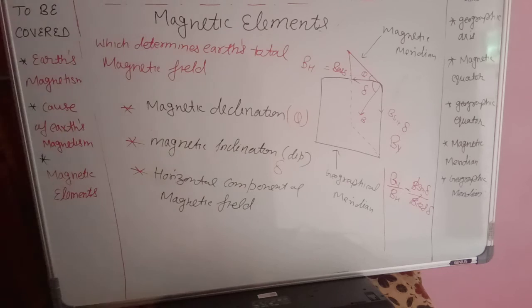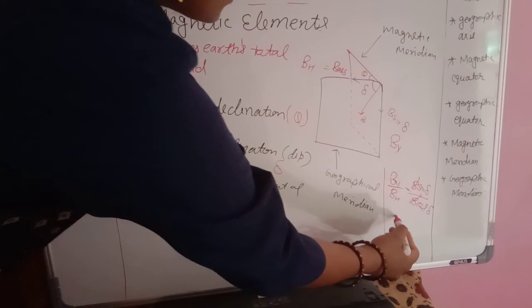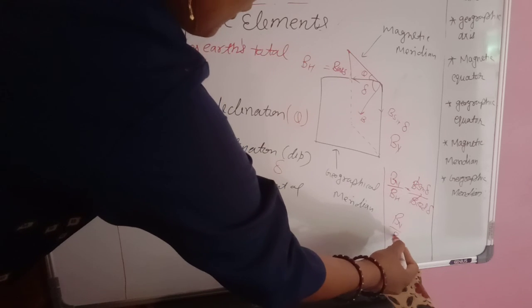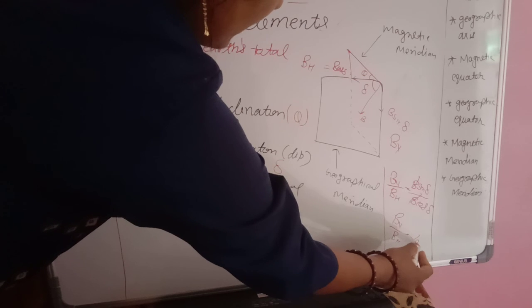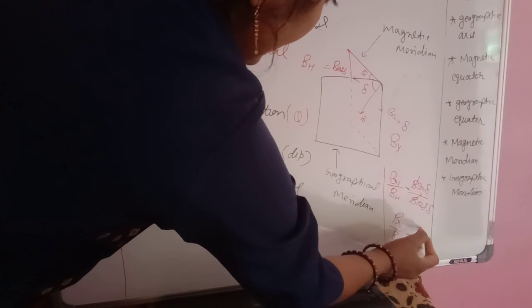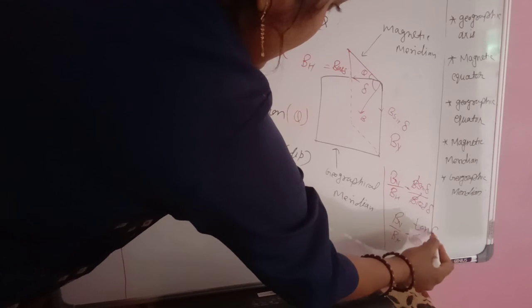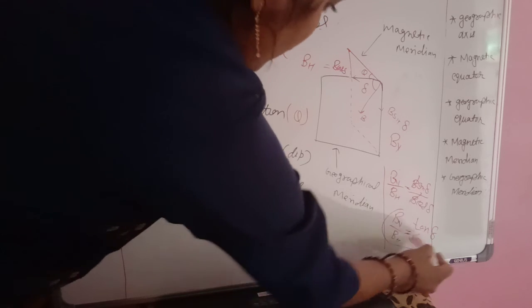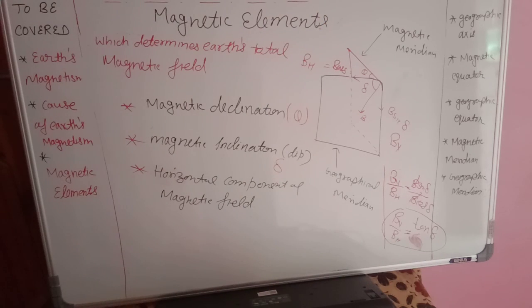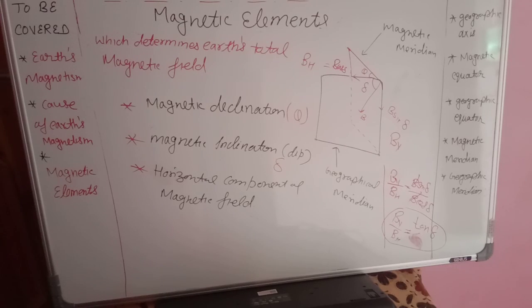So these both B will cancel out, and BV upon BH will be equal to tan delta. And this formula is very important from the numerical point of view. So always keep this formula in mind, and this is enough for today.